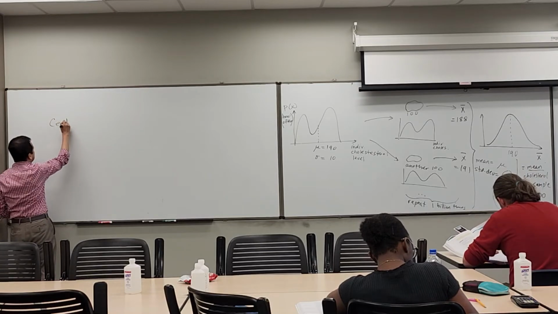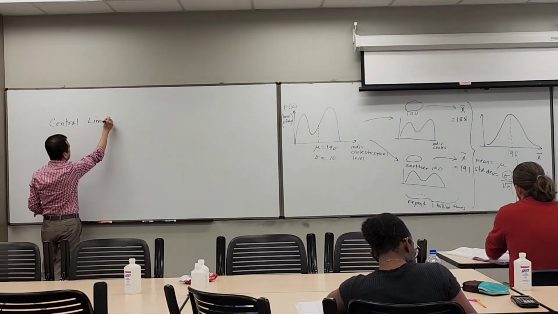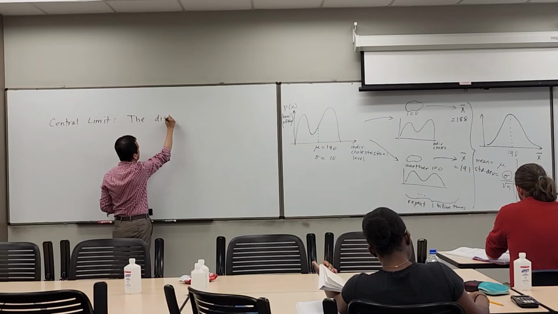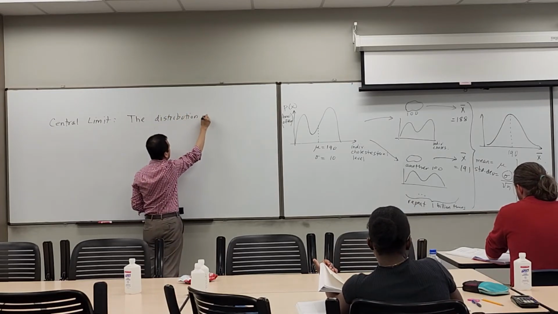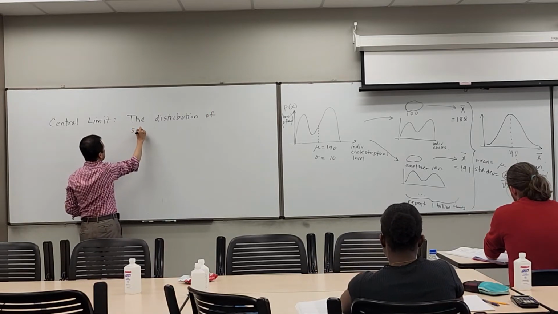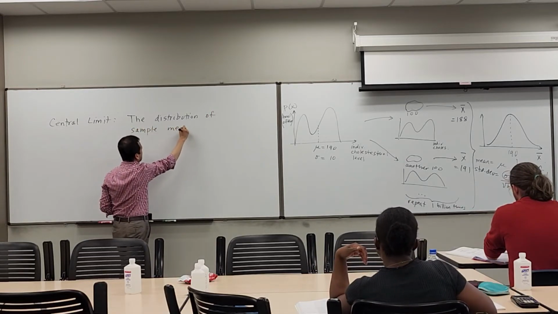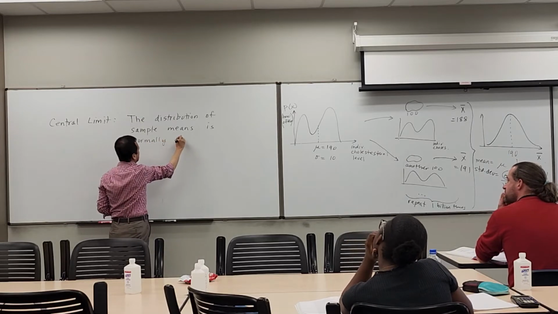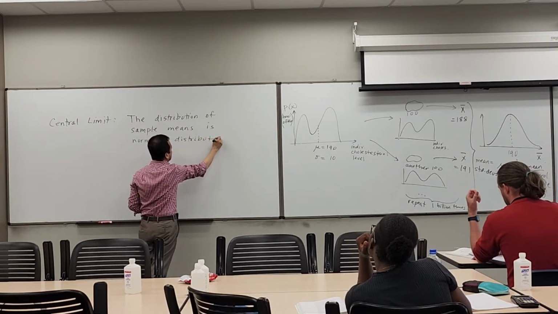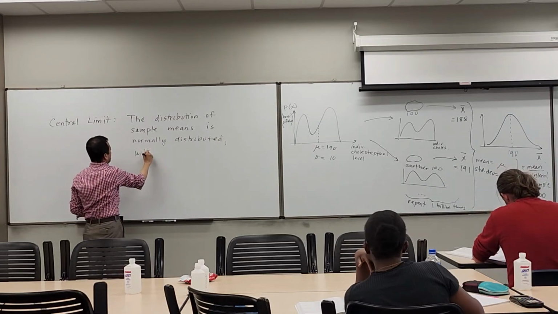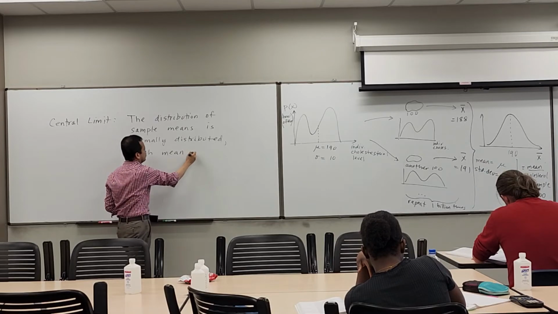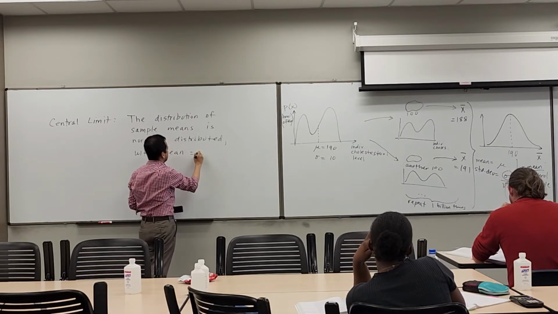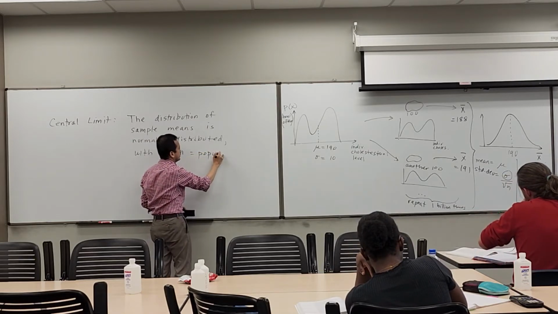So the central limit theorem says that the distribution of sample means is normally distributed with a mean equal to the population mean of individual values.